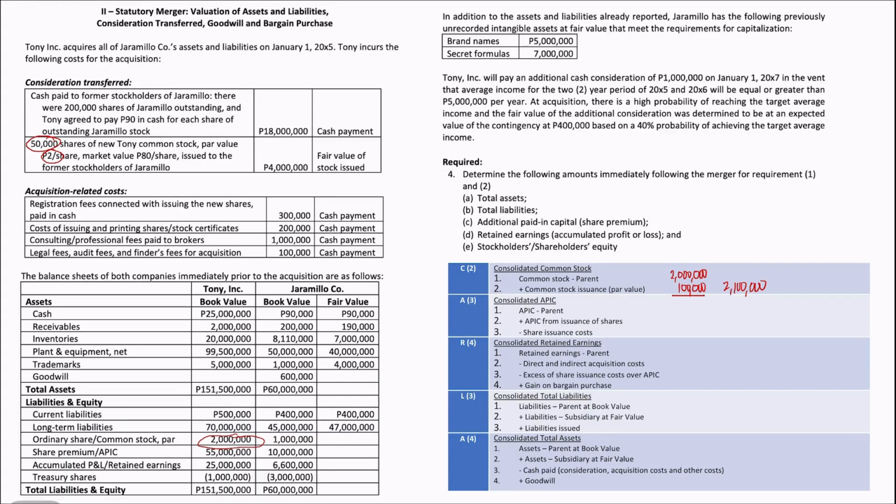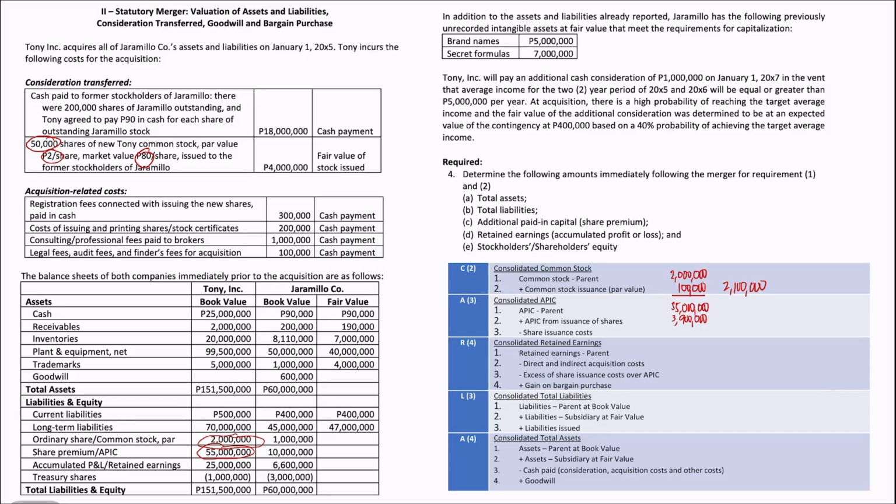Let's now proceed to consolidated APIC. The APIC of the parent is 55 million. The APIC from the issuance of shares is 80 pesos minus 2 pesos times 50,000. That's 3,900,000.